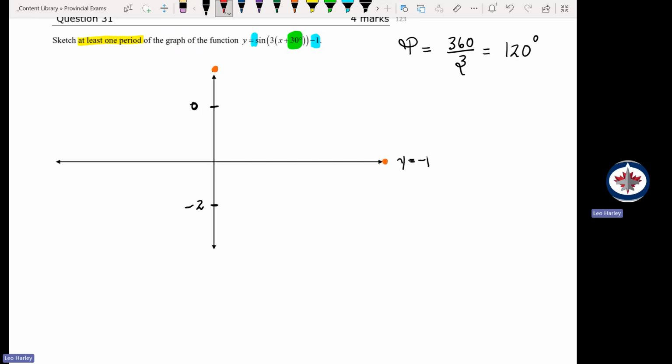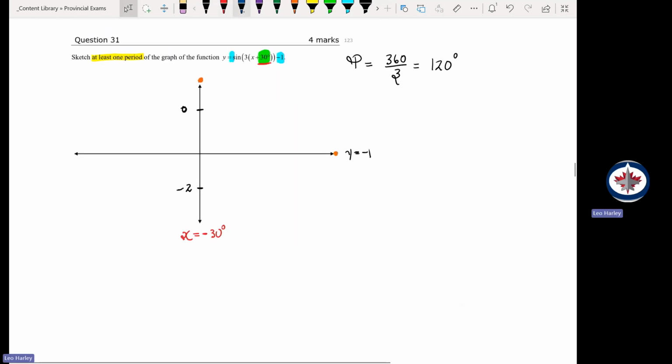Next, what is the start line of this function? So you will go down here and really clearly say X equals -30 degrees. Then you're going to remind the marker that the period of this function is 120. And you'll just indicate it like this.